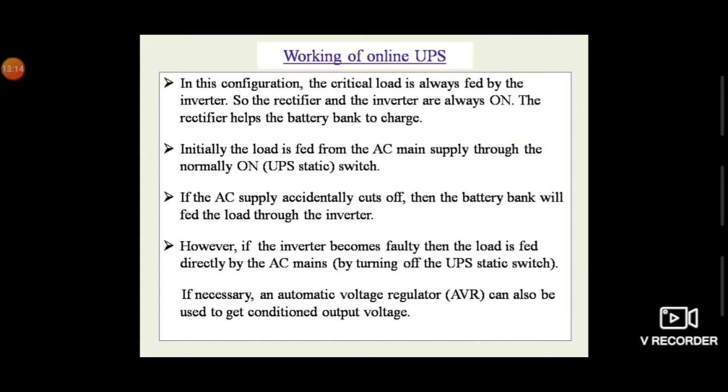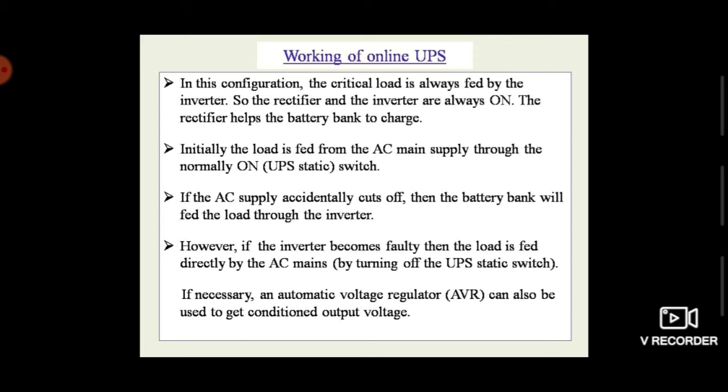Let us now jot down some important points on the working of online UPS. The first point is that in this configuration, the critical load is always fed by the inverter. So the rectifier and the inverter are always on. The rectifier helps the battery bank to charge. Number 2, initially the load is fed from the AC main supply through the normally on UPS static switch.